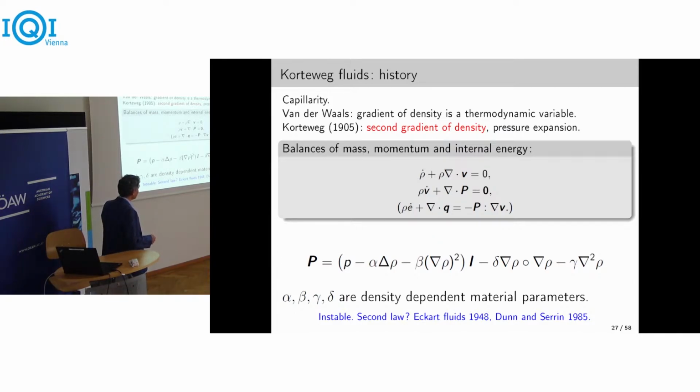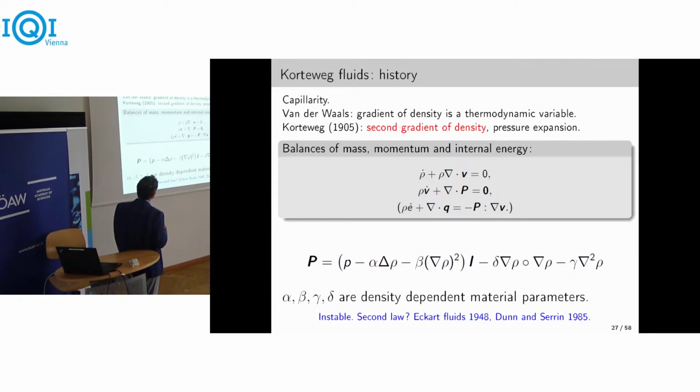It appeared from time to time until 1989, so 80 years after Korteweg. The second law restriction was applied to this weakly non-local extension. And then the thermodynamically compatible Korteweg fluids proved to be actually stable and useful for capillarity. From our point of view, as I mentioned, this is clearly a second order extension in gradient of the classical fluid mechanical calculations.